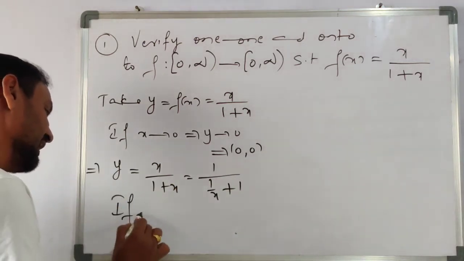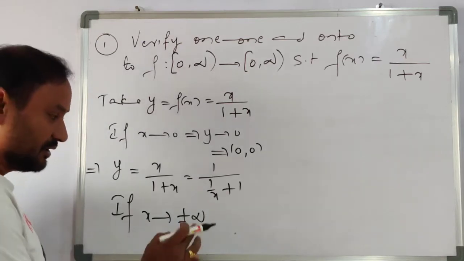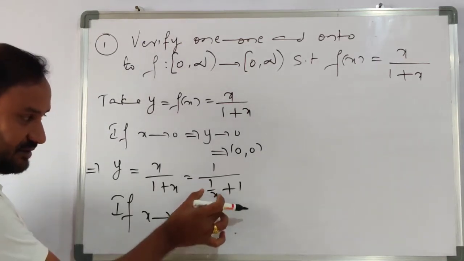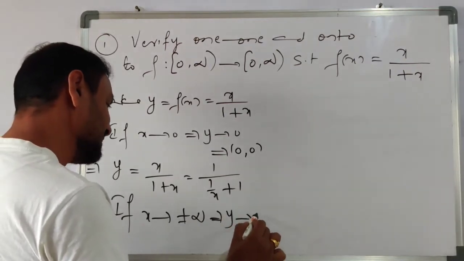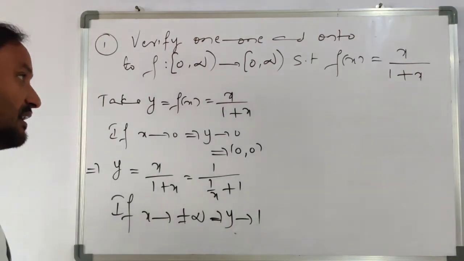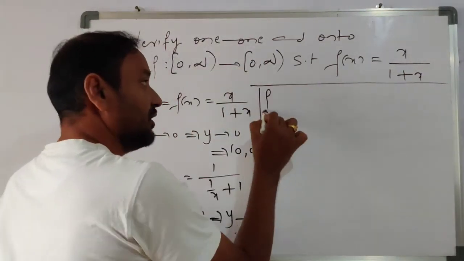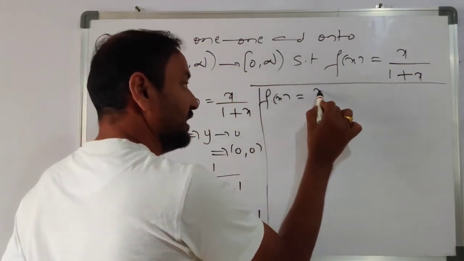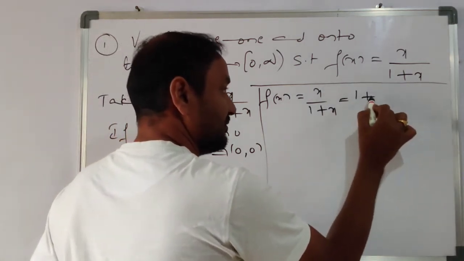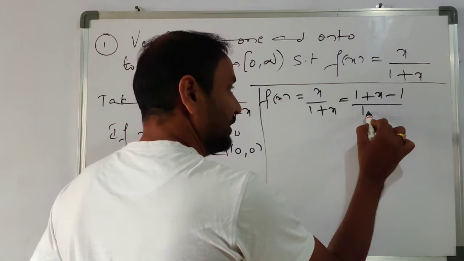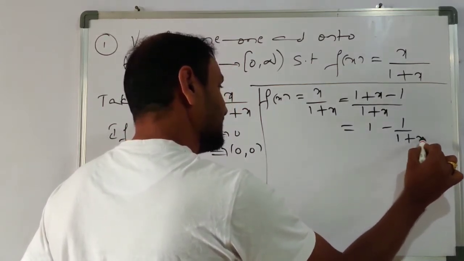If x tends to plus or minus infinity, when you replace x, 1 by infinity will be 0. That implies y tends to 1. And also you observe here, f of x is equal to x by 1 plus x. Add and subtract 1 in the numerator: this is equal to 1 minus 1 by 1 plus x.